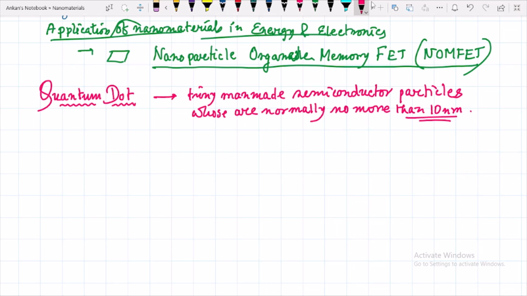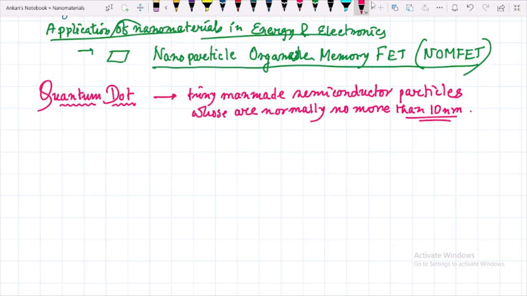This small size renders the optical and electrical properties that I already covered in the previous lectures: the small confinement within the material, that is the small size, makes a quantum confinement of the charged particles like electrons, holes, etc., which results in interesting optical as well as electrical properties as compared to those of the bulk materials.